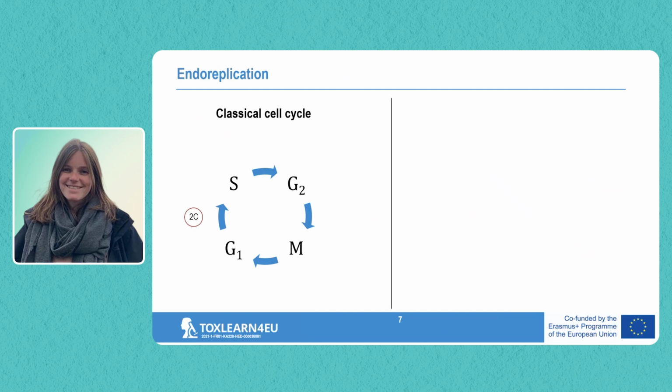What will happen then in the S phase is, of course, the DNA is replicated, so it's doubled. So the cell doubles its DNA content to 4C. Nothing changes to this in the G2 phase, but then this 4C cell will divide into 2 daughter cells, and these, again, each contain a DNA content of 2C, which is the same as the original cell. And they can go through another cell cycle and so on. But in the end, the DNA content remains the same.